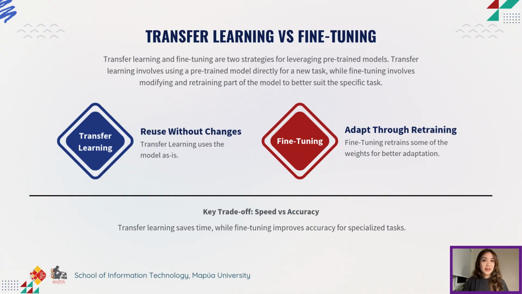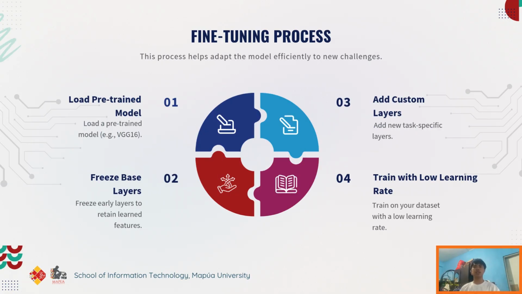Transfer learning is faster and simpler, ideal for smaller datasets or less complex problems. Fine-tuning, while more computationally expensive, tends to yield better accuracy, especially when the new data differs significantly from the original one.